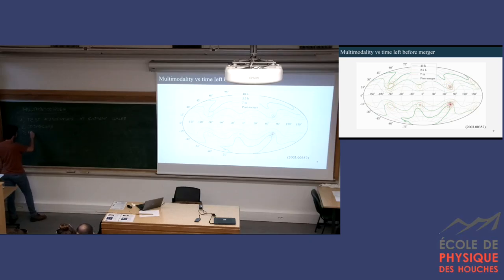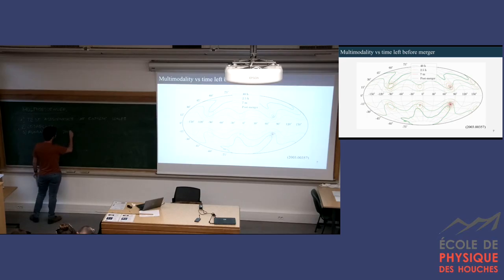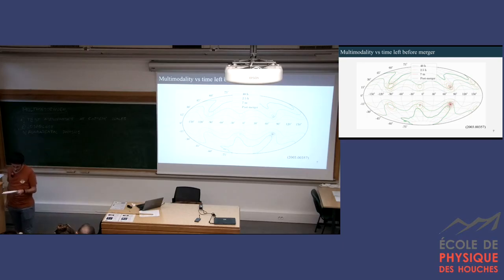Something else is also fundamental physics. In this case, what you can do is a propagation test. So you can test if your gravitational wave propagates at the speed of light. But the general idea is indeed, if you put together two instruments, you can do more than what a single instrument is designed for.